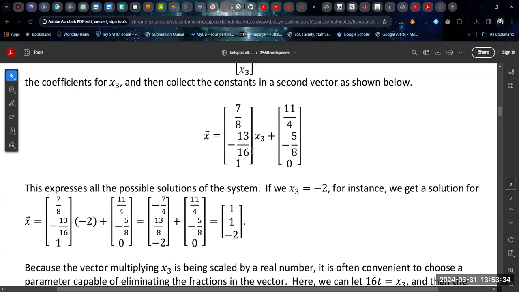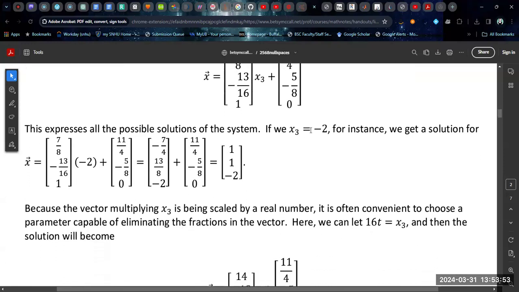But this form of the solution allows us to find any other solution to the system. We would simply choose x3 to be some value. And then when we add the resulting vectors together, we would get one possible non-trivial solution for the system.